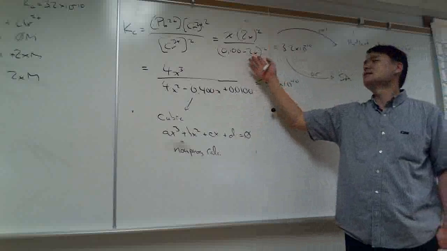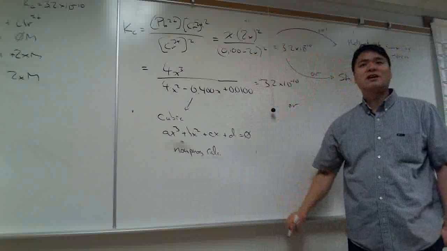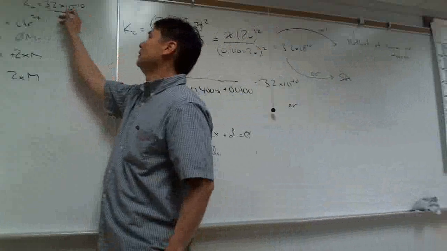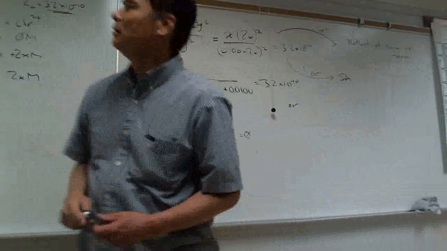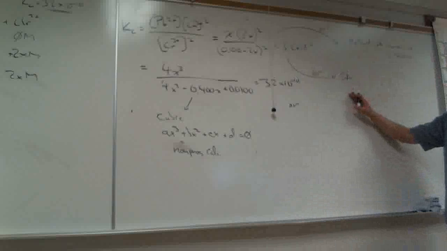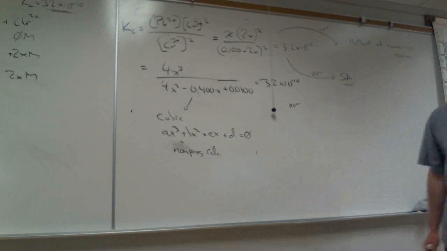No, 2x is the change. Do I expect 2x to be very big? How much forward reaction do I expect with something like this? Actually, not much, right? And so I think the simplifying assumption is a pretty good candidate for this problem. And in fact, I would just try it right out.